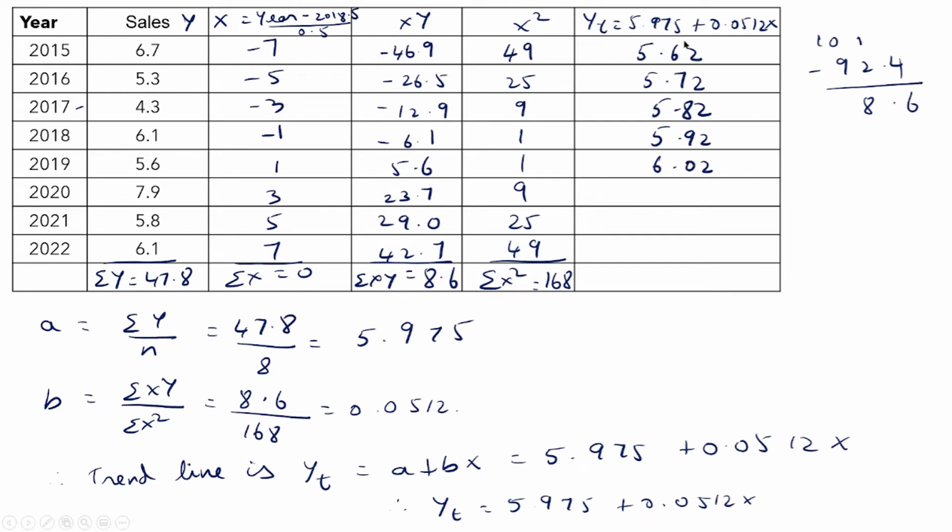Then 5.975 plus 0.0512 into 3, 6.13. Then 5.975 plus 0.0512 into 5, 6.23. Next 5.975 plus 0.0512 into 7. It is 6.33. So these are the trend values for all these years and this is the trend line.